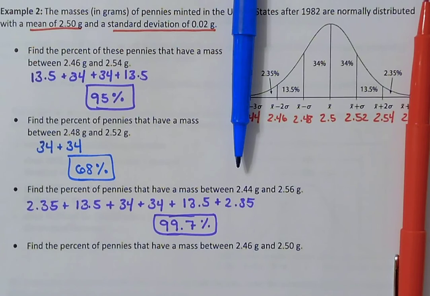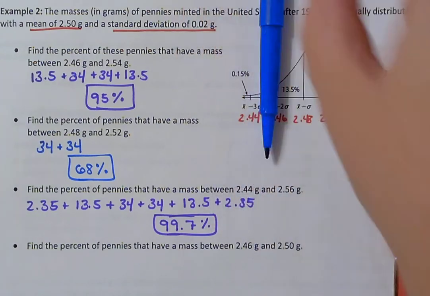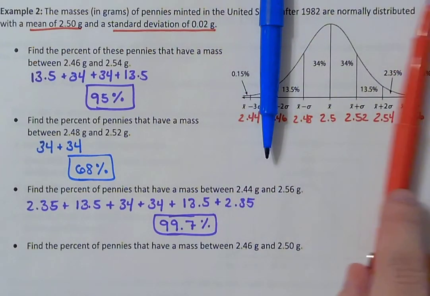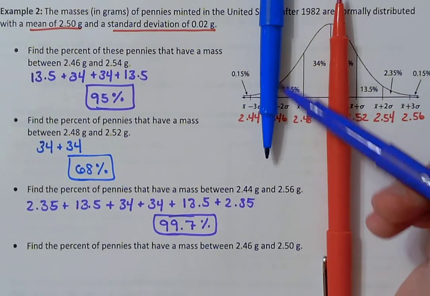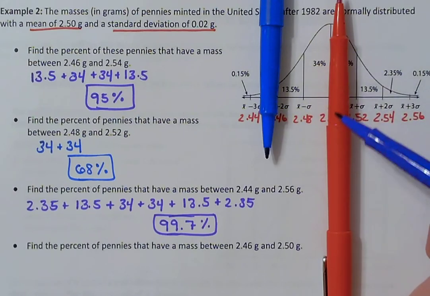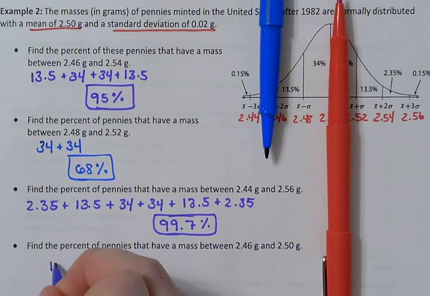All right, lastly, if we take a look at the percent of pennies that have a mass between 2.46 and 2.5, we're going to end up between these two pens. So we have 13.5 and 34. So we're between 2.46 and 2.5. So that is this region right here. So the percents that reside in this region are 13.5 and 34.